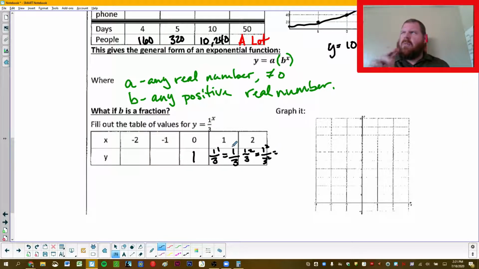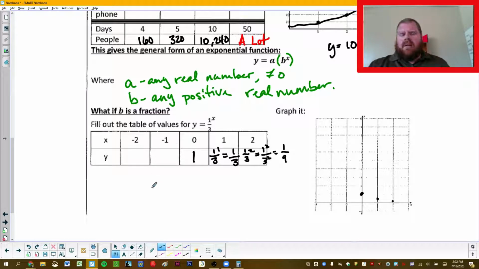You kind of distribute those powers if you remember your rules of exponents. 1 squared is 1, 3 squared is 9, so this is 1/9. So in the positive direction, at 0 it's 1. At 1, it's 1/3, maybe right there. At 2, it's 1/9, and that's even hard to graph. And then at 3, it would be probably even smaller.